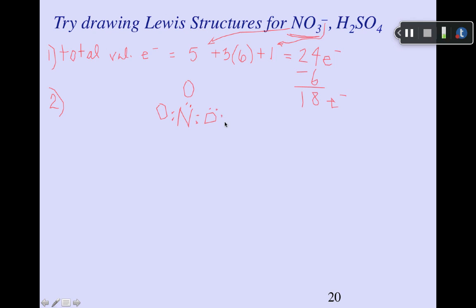non-hydrogen peripheral atoms, fill up octets. So 2, 4, 6 for that oxygen, and 2, 4, 6 for each of the other oxygens, so that's 3 of them. 3 times 6 filling up their octets would use up our 18 electrons.